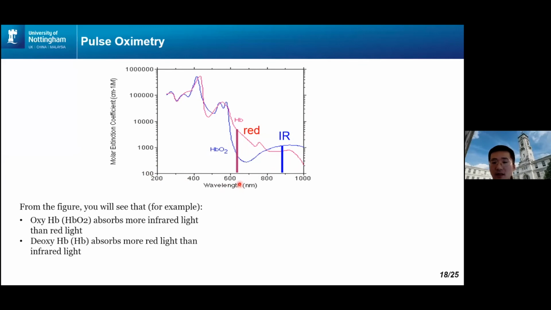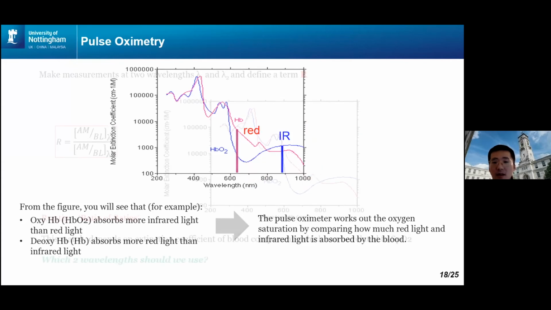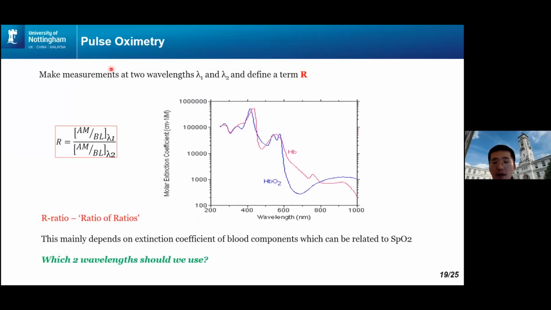So based on this, the pulse oximeter works out the oxygen saturation by comparing how much red light and infrared light is absorbed by the blood. And that's the principle behind the pulse oximeter.